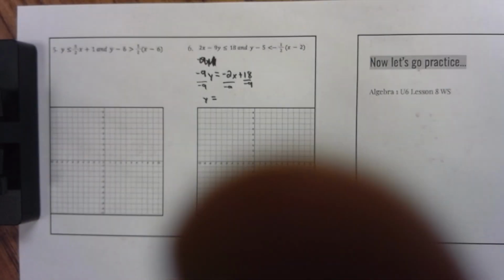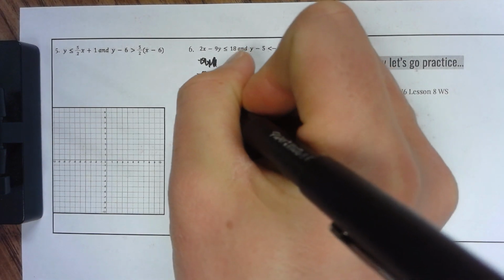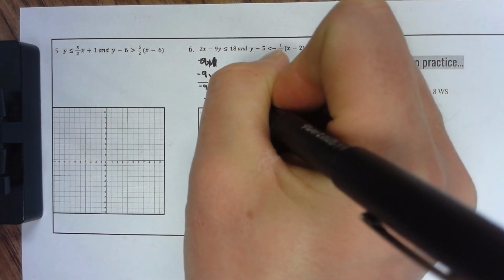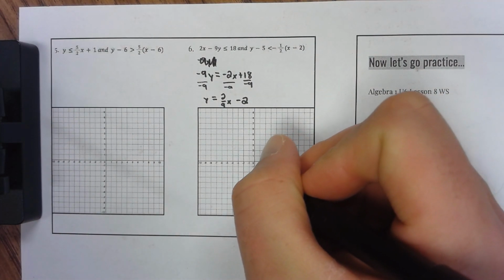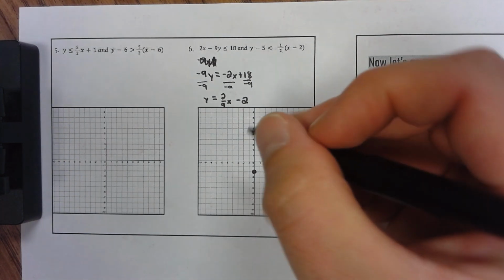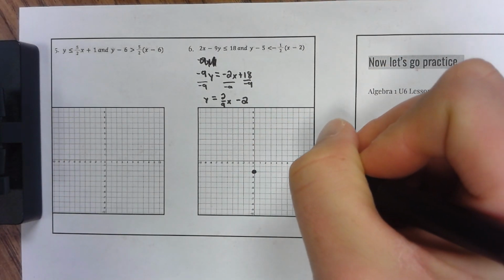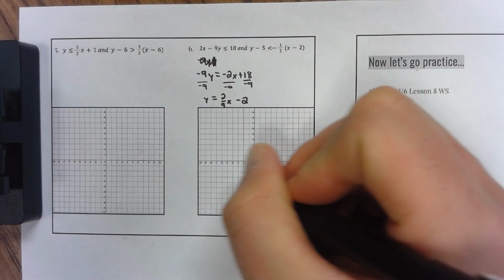And I get y equals, negative divided by negative is a positive, so that's positive 2/9 x, and then minus 2. So we have y-intercept at -2, a slope of 2/9, so up 2 and right 9, and then down 2 and left 9.